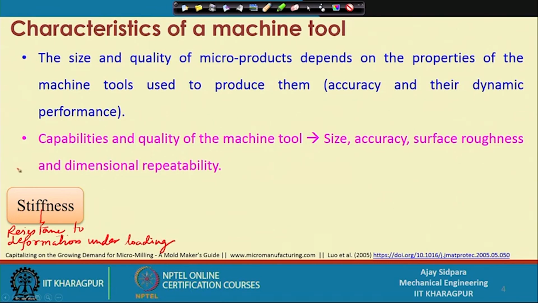Suppose this is a cantilever beam and you are loading at the free end, how much it will deflect depends on the stiffness. So, the higher the stiffness, the lower the deflection. So, this is D. It will go a little down, very little if the stiffness is high. That is the opposite of flexible. Flexible means if you give a small force, things will bend very quickly and without any resistance.